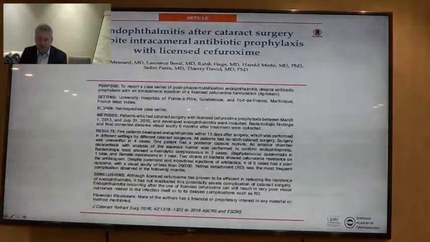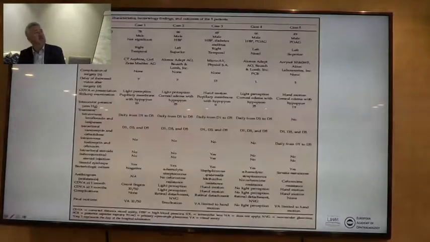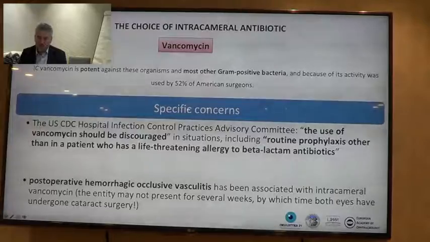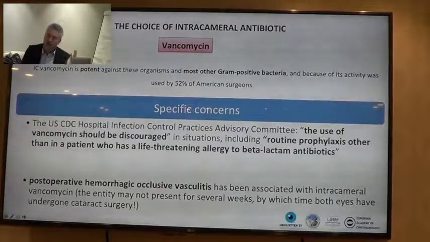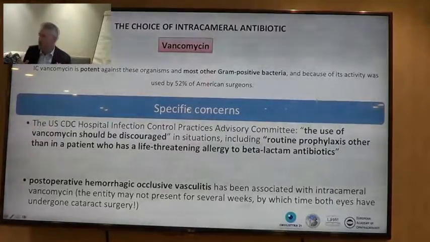This is a publication from 2016, and there were 5 cases of endophthalmitis after the use of intracameral cefuroxime, leading to very poor visual results, including enucleation of the eye, no light perception, and so on. So it shows that it does not give us full protection.